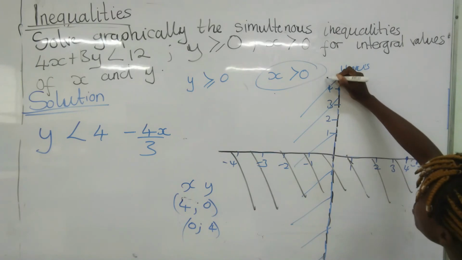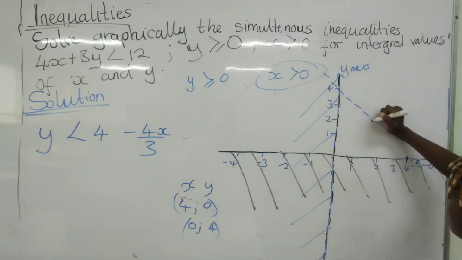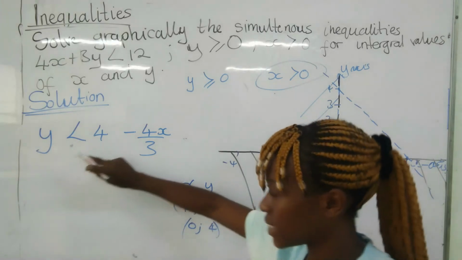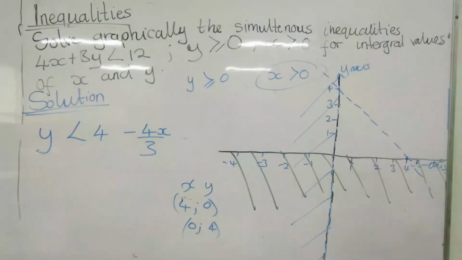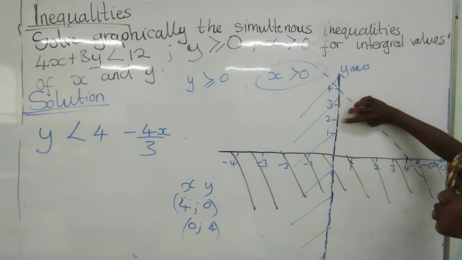Since they require broken lines, we're going to put our dots as something of the sort. Now they are saying y is less than. Just look here, this will make your life more simple. Y is less than will be like 4, 3, 2, 1.